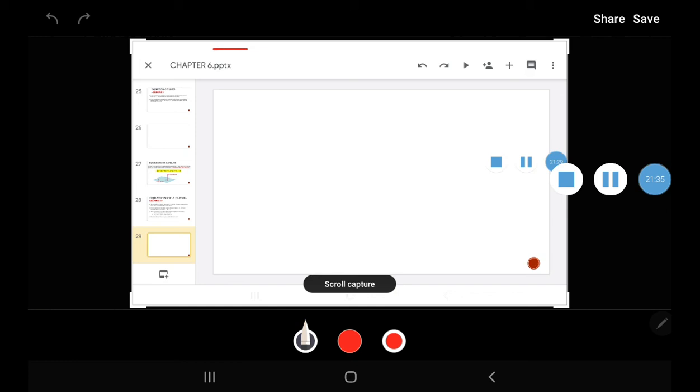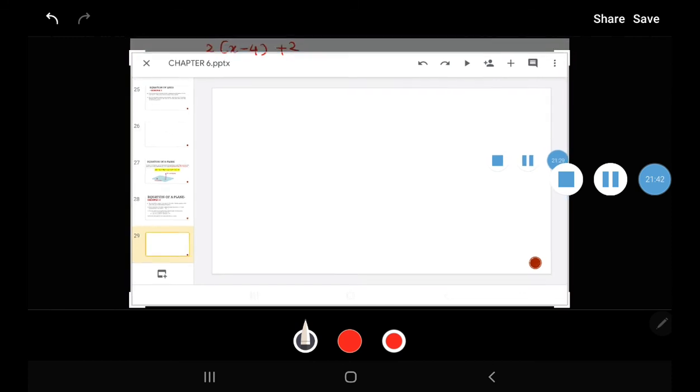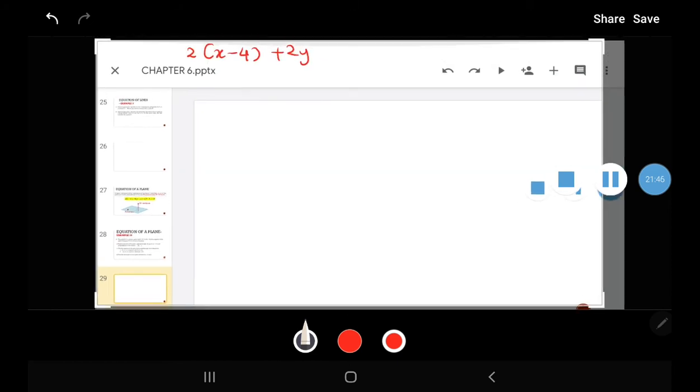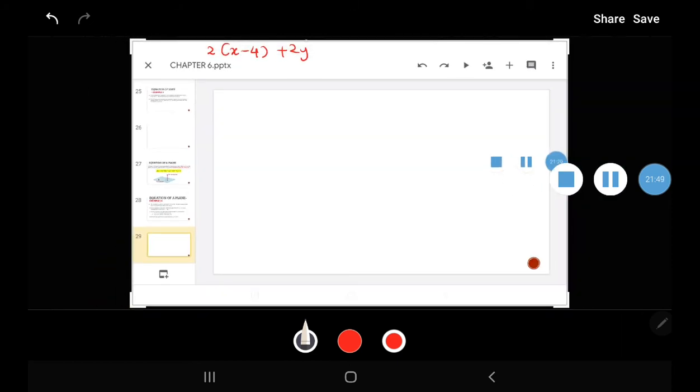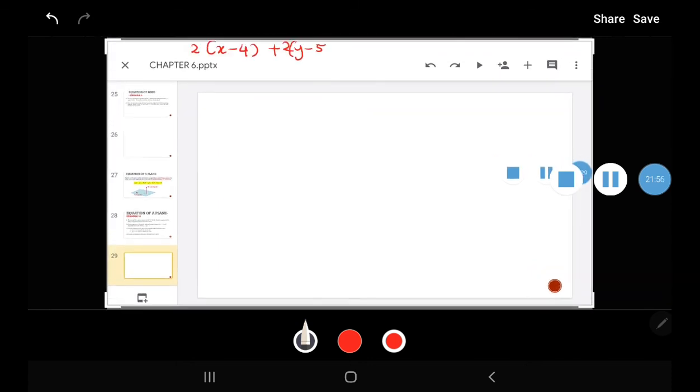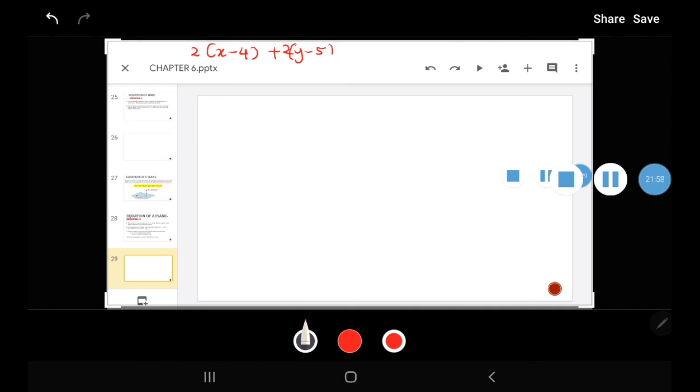So from example A, we get the equation of the plane is 2x minus 4 plus 2y minus 5 plus 3z equal to 0.